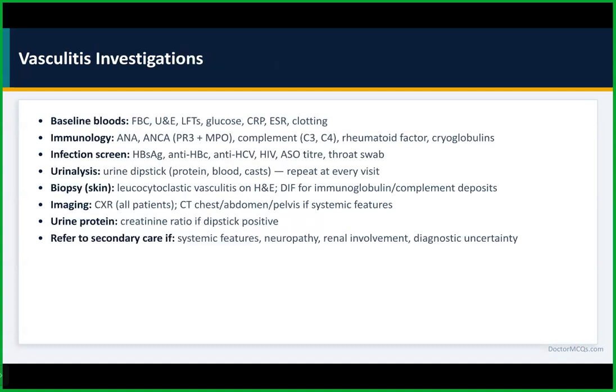For all vasculitis investigation, if we come to the same page, it can include some baseline, some immunology, and other basic investigations. CBC, urea, electrolytes, LFTs, glucose, CRP, ESR, and clotting are the baselines for every kind of vasculitis. For particulars, ANA, ANCA, complement, RF, and cryoglobulins are done according to the appearance and cutaneous manifestation.